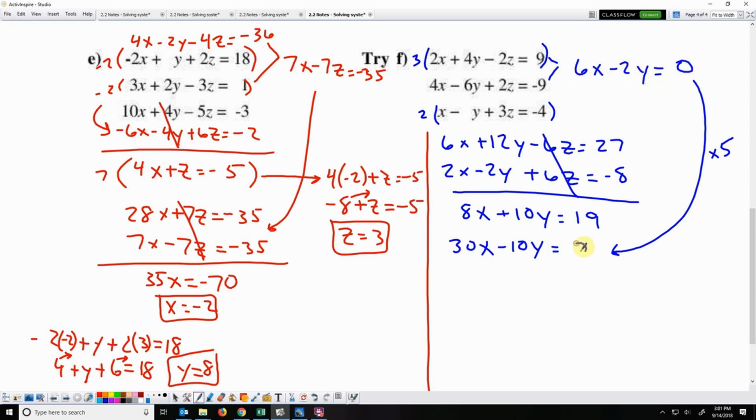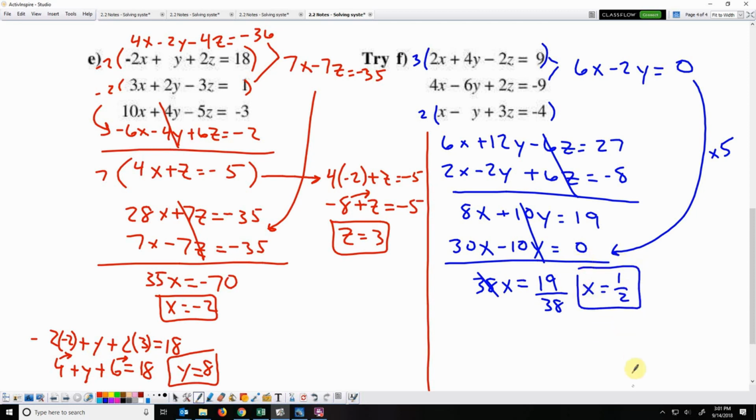And then 0 times 5 is 0. So the y's eliminate. I get 38x equals 19. And when I divide by 38, that simplifies to x equals 1/2.